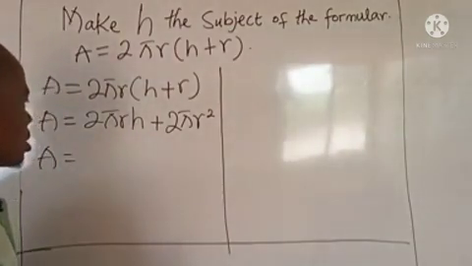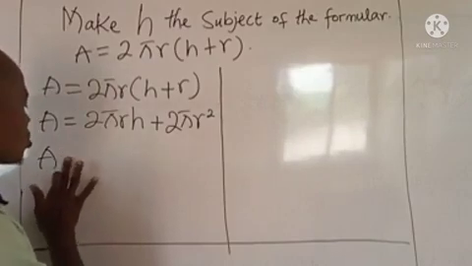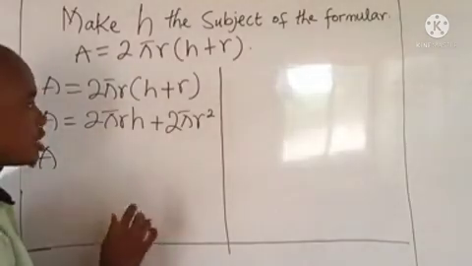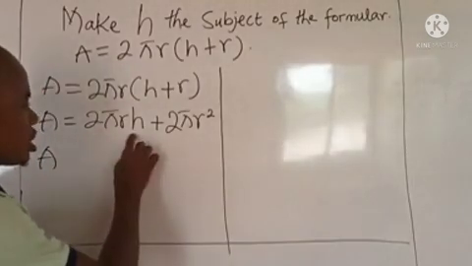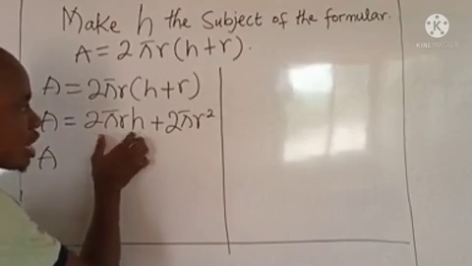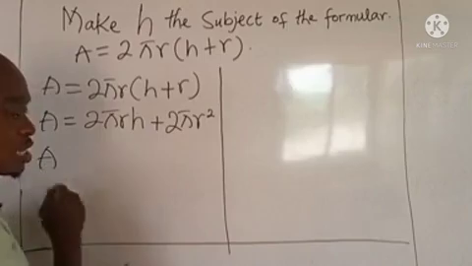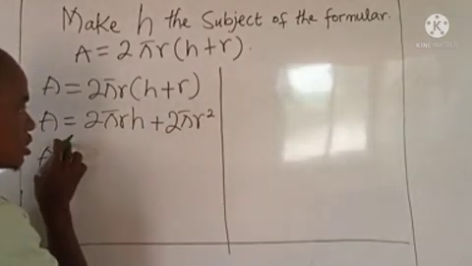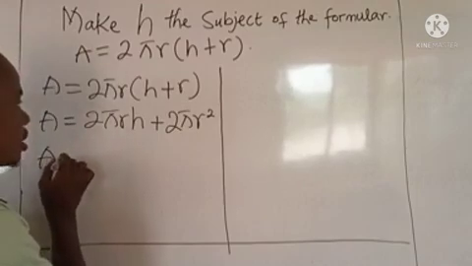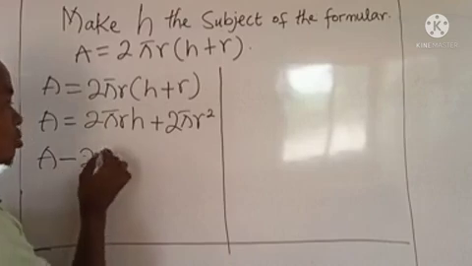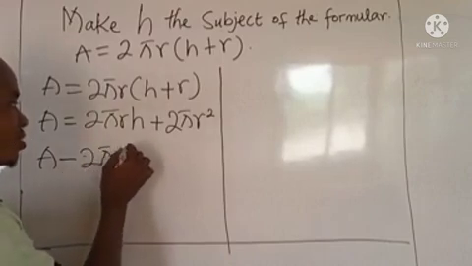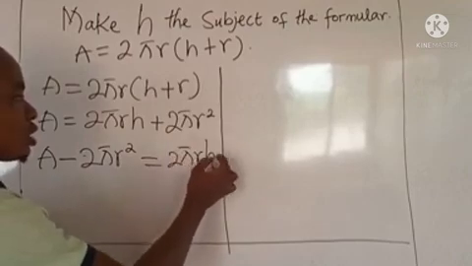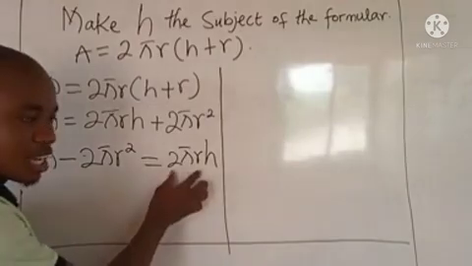Now what we are going to do is make the term with h stand on one side, and we send this one to the other side, that is, collecting the like terms. So now this one will be coming to this place. We are going to have A minus 2 pi r squared equals 2 pi r h, where this one stands alone now.